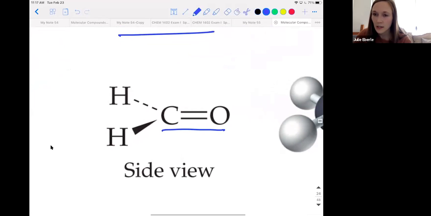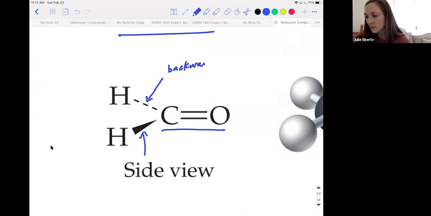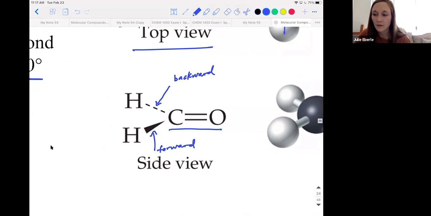I want to explain something because you're probably going to see this, but I'm not going to have you draw bonds this way. Why do we have a dash and why do we have a wedge? A dash represents atoms that extend backwards behind the plane of the carbon, and a wedge indicates things that extend forward towards you and me from the plane of the carbon, okay?